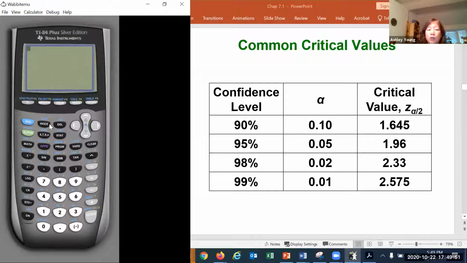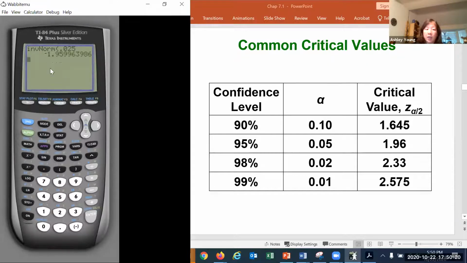So I'm going to do inverse norm, second vars, because I'm given an area, alpha is an area, and I want to find the z-score that goes with it. So I'm going to use inverse norm of half of alpha, because this alpha, 5%, is total, but 2.5% in each tail. So I'm going to do 0.025.